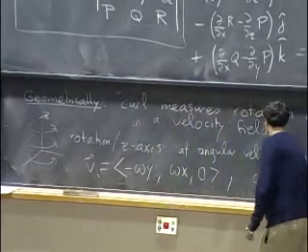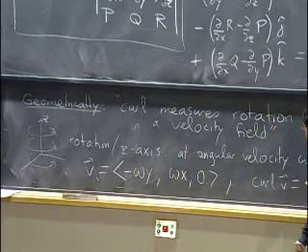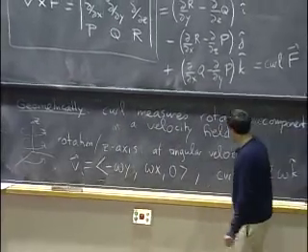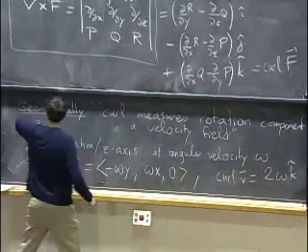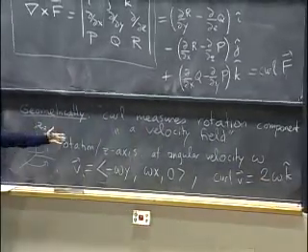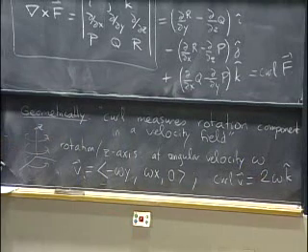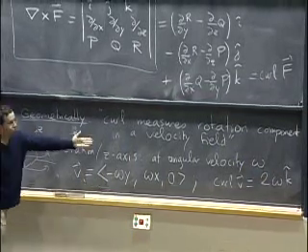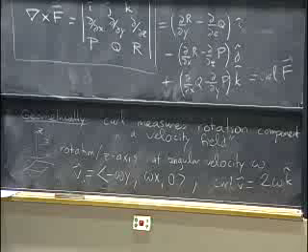And the curl of that you can compute, and you will find 2 omega times k. So concretely, this curl gives you the angular velocity of the rotation, well, with a factor of 2, but it doesn't matter, and the direction of the axis of rotation. It tells you it's rotating about a vertical axis.